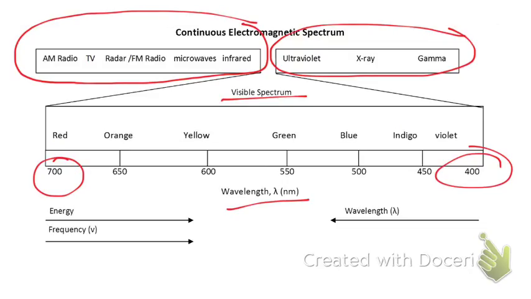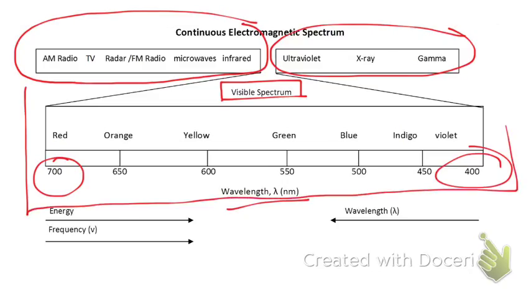Now, other organisms might be able to do that. We cannot. All right? We can't detect them. Our brains are unable to do that. So all we can do with our brain is detect the visible spectrum, and this is where we see color in our lives, from wavelengths from 700 to 400 nanometers. All right? So that's important to understand.